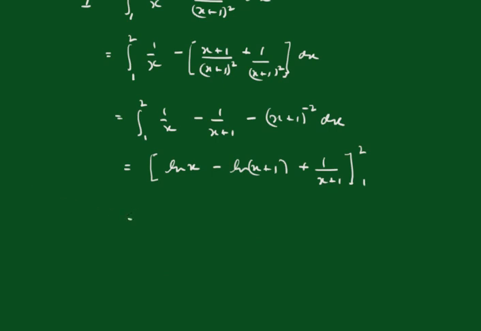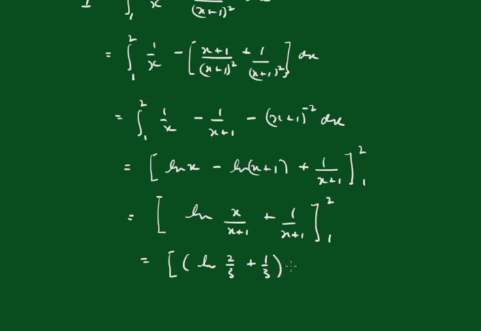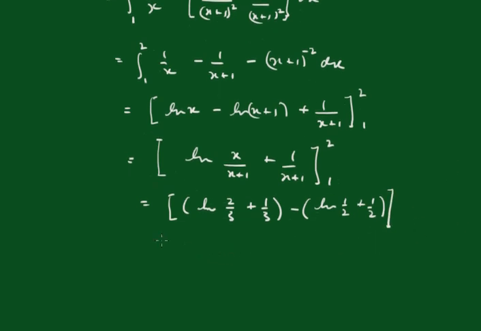Okay, now we can fix this up a little bit and write that as the log of x over x plus 1 plus 1 over x plus 1 between 2 and 1, and that's equal to the log of 2/3 plus 1/3 minus the log of a half plus a half, and that all comes down to the log of 4/3 minus 1/6.